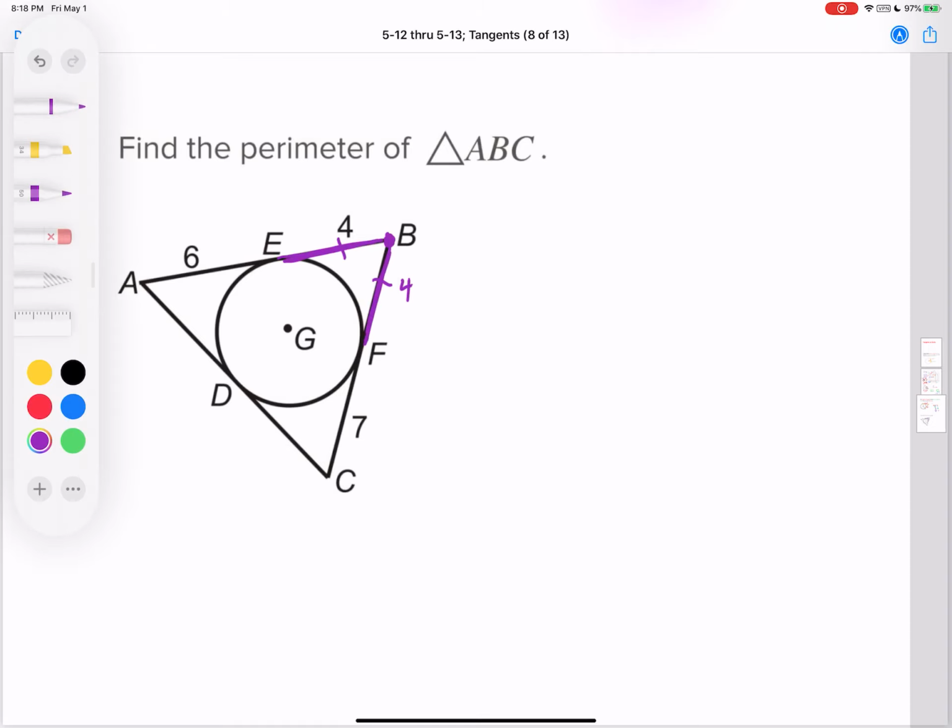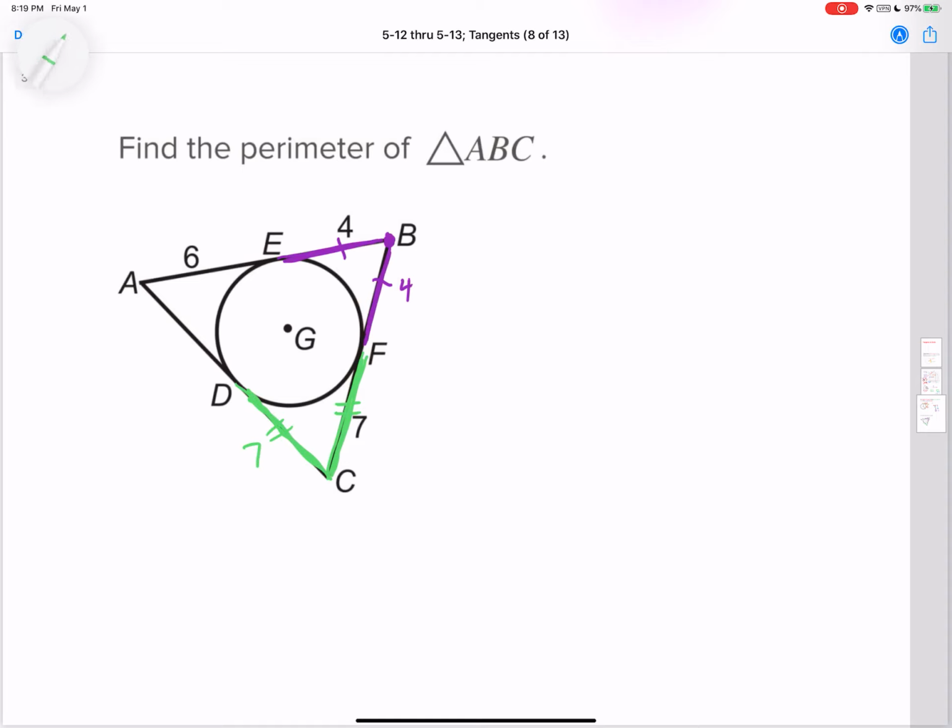We can do the same thing going around. If FC is 7, then DC is also 7. And the same thing on this last part: if AE is 6, then AD is also 6.